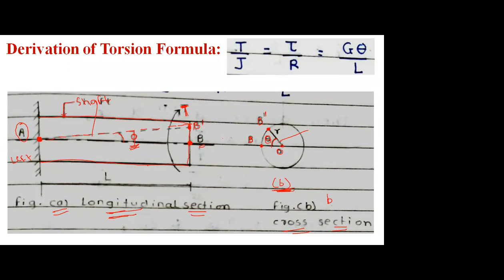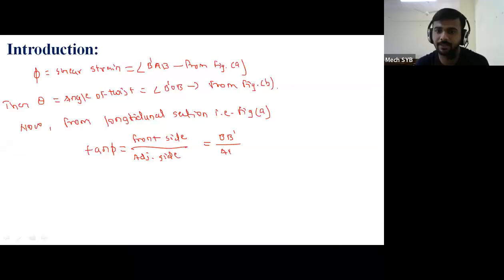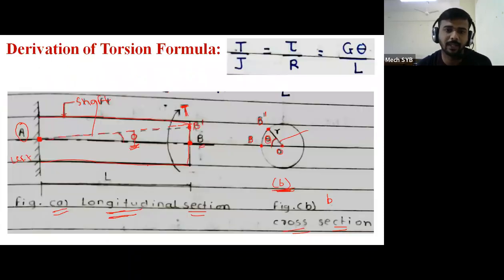AB. AB, correct. बघा, फ्रंट साइड अँड ऍडजस्टंट साइड फ्रॉम द फिगर, म्हणजे ह्या फायच्या समोर कुठली बाजू आहे तर बी बी डॅश. त्या फायच्या ऍडजस्टंट म्हणजे शेजारी कुठली बाजू आहे तर ए बी. This is the inclined line, this is not an adjacent side, this is the hypotenuse. Getting? This is the hypotenuse.